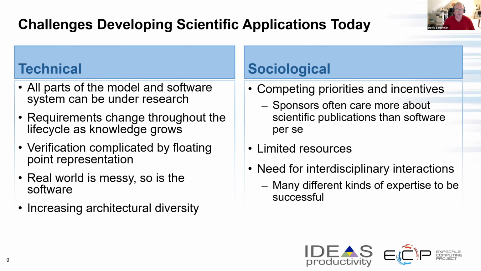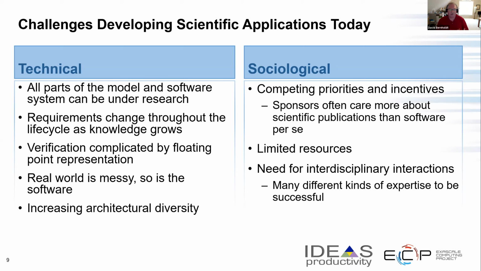Verification of these codes typically involves floating point computations, and that can be more complicated to verify correctly and carefully than just straight integer computations. And we're trying to model the real world, and it's messy out there, and as a result, our software gets messy too.